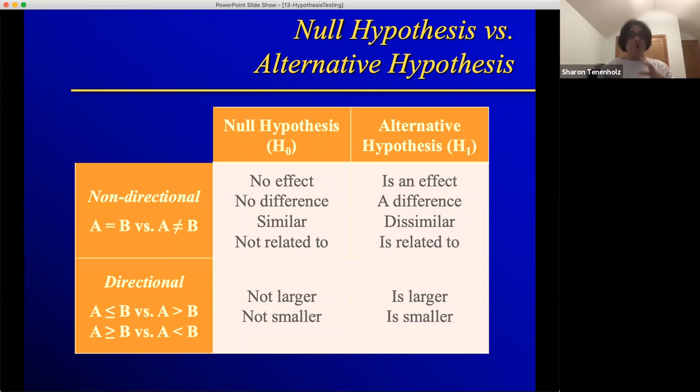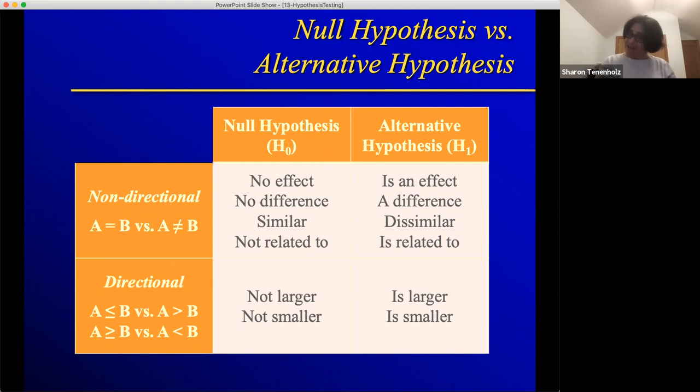Notice that there's no direction being predicted here. It's a non-directional hypothesis. Two groups are different from one another in that alternative, not one is greater than the other or one is less than the other. For our correlation, we're saying for the alternative that two things are related. We're not saying that they're positively related or negatively related.